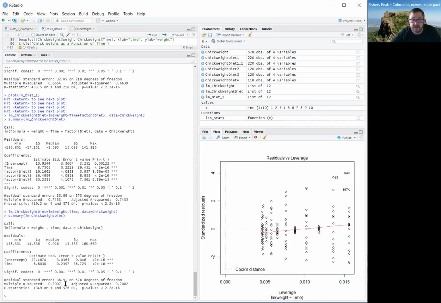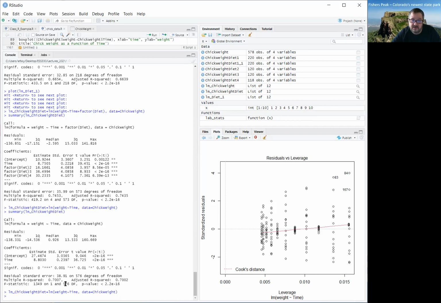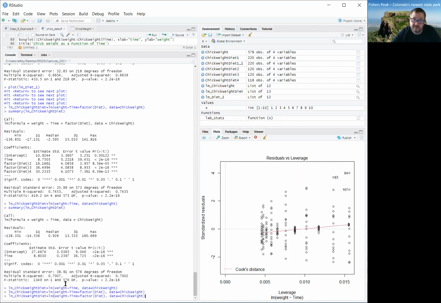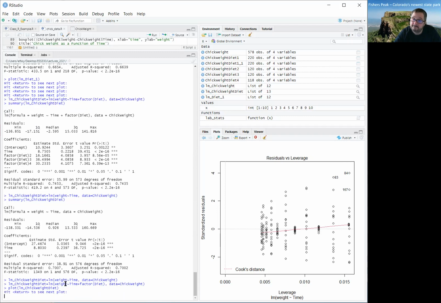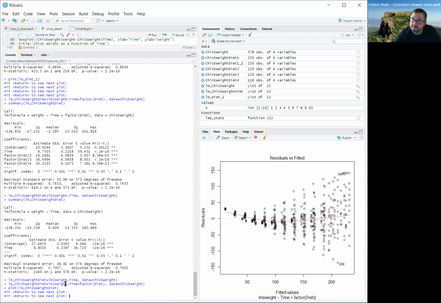Let's go back and bring back in the diet as a factor, and then I'm going to do the plots again. So I want to see, does this improve our residuals? Somewhat.